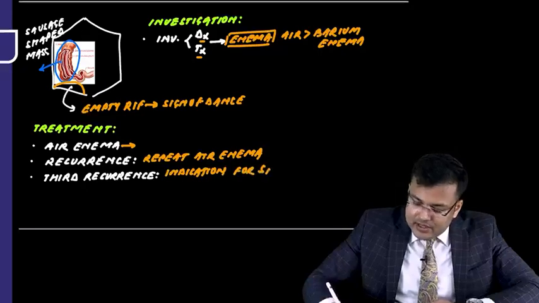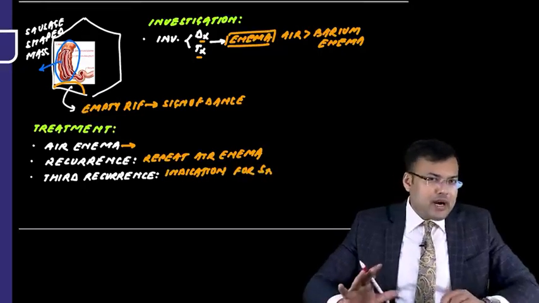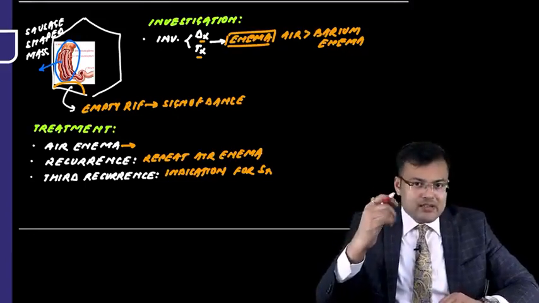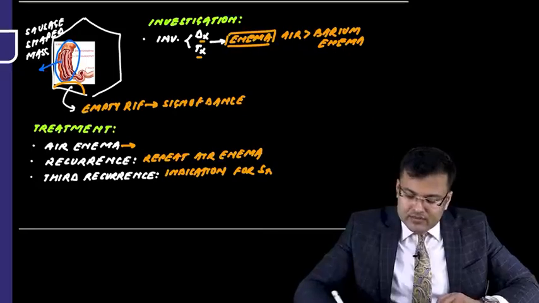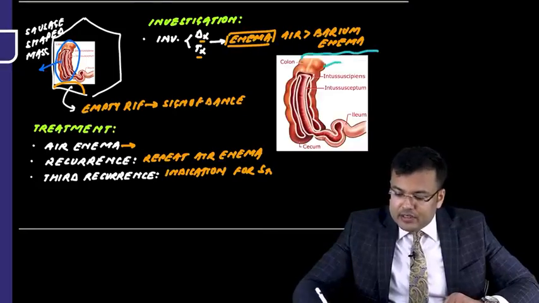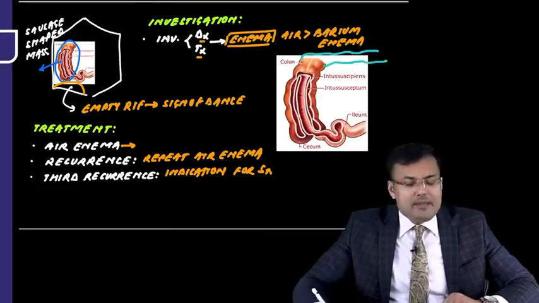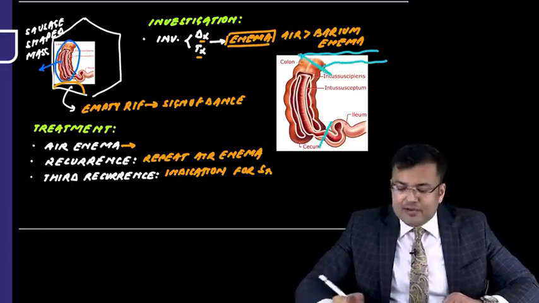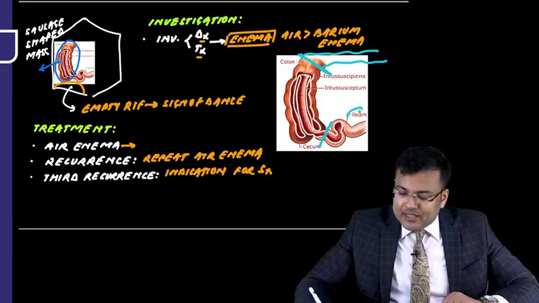Clear? And which kind of surgery is done? The part of bowel which is involved in intussusception, we are supposed to excise it. So which part? You can see in this image. Here you can see this is the part of transverse colon, and this part of ileum is entering. So what am I going for? I'm going for ileocolectomy. And after performing ileocolectomy, the ileum is anastomosed to the transverse colon.